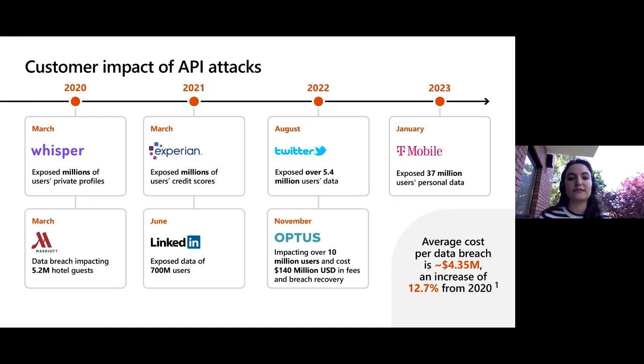Exposed data of 700 million users of LinkedIn in 2021, or last year in November, Optus also having impact of over 10 million users. And the impact isn't just the amount of people that we have data exposed for, but also how much it costs in actual fees and breach recovery afterwards, 140 million US dollars by Optus.